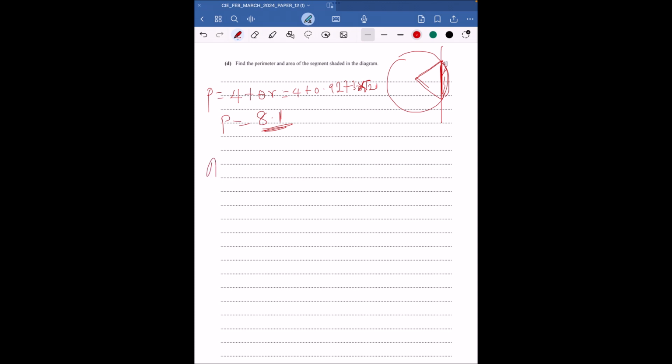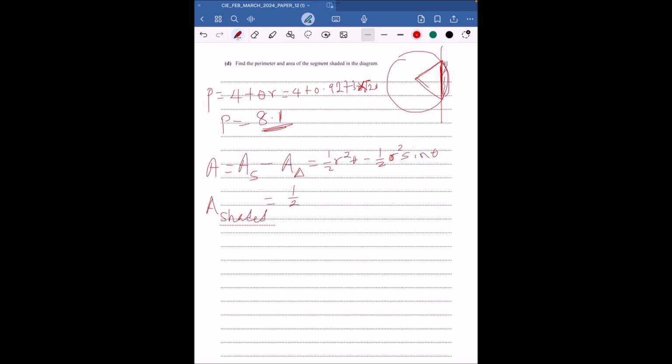Then the area, just area of sector minus area of triangle, which is half r squared theta minus 1/2 r squared sine theta. So area of shaded will be, let me just factorize.